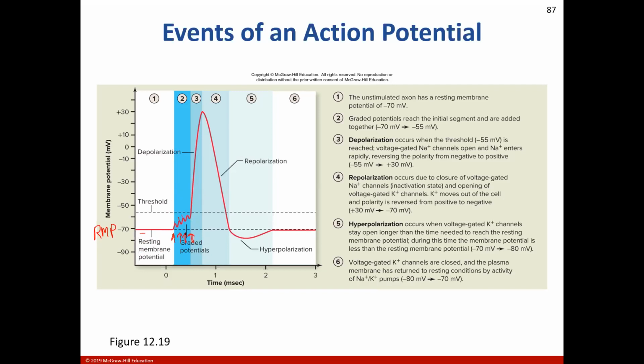And this can go on all day until it reaches the minus 55. So once there's enough stimulation, enough stimulus from wherever it's coming from, a neuron or from your brain or from Hussein's underwear, then that could depolarize and that sodium's coming in. So it's traveling up to the peak of the action potential, which is plus 30 millivolts.